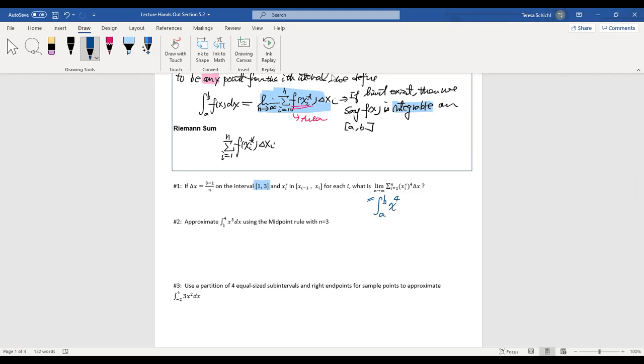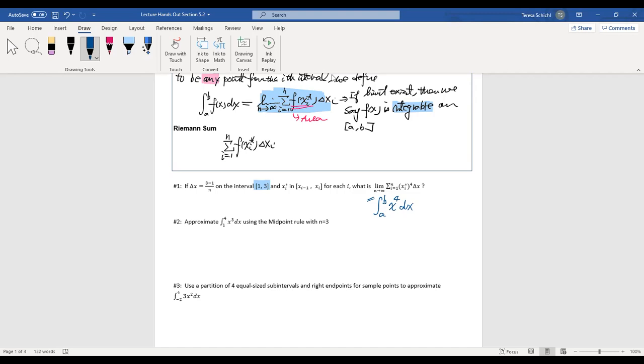For every subinterval it is x to the 4th, and then don't forget the dx here. Of course, right now we have not talked about how to evaluate that yet, but we know this is the area definition, so I can rewrite it as a definite integral.